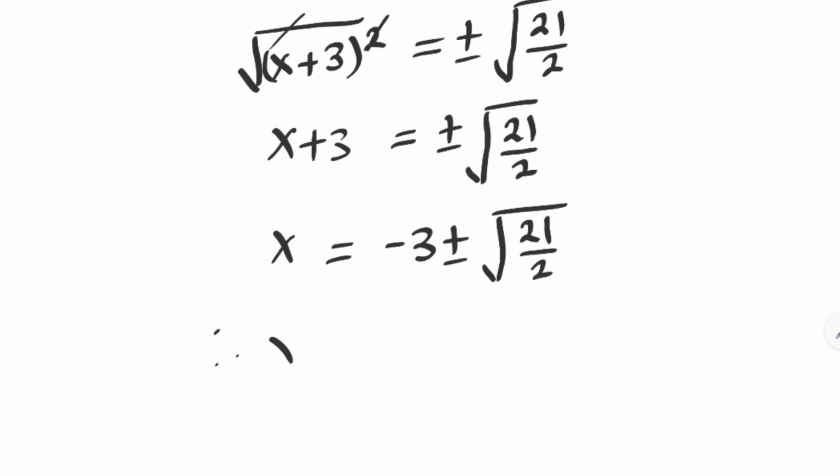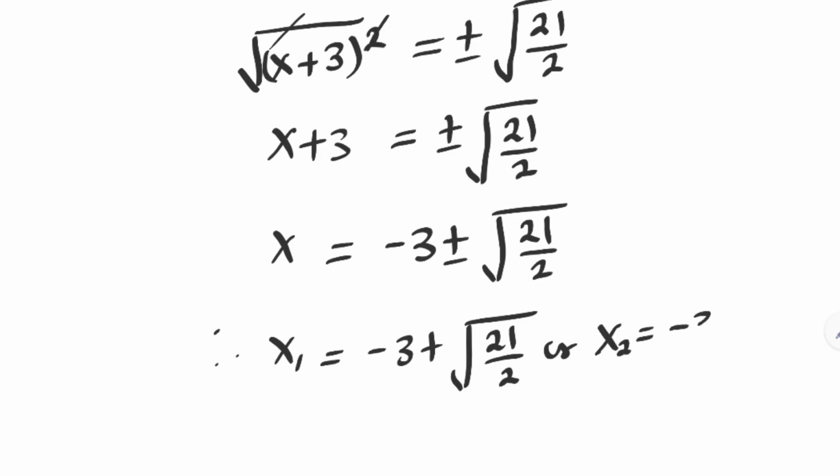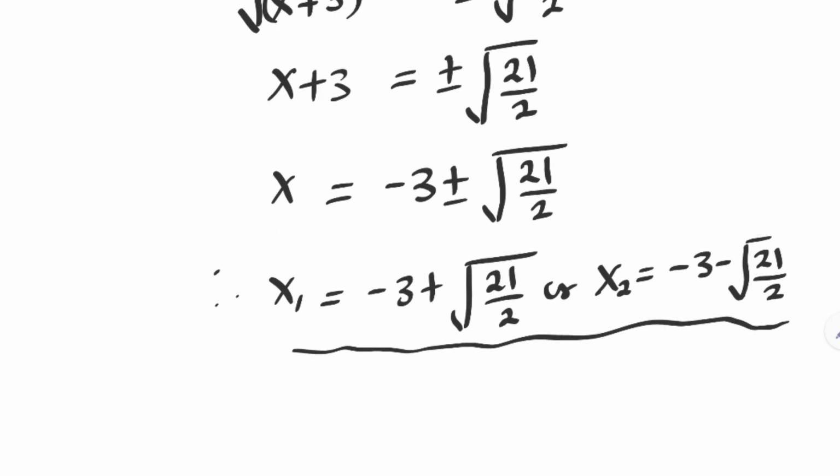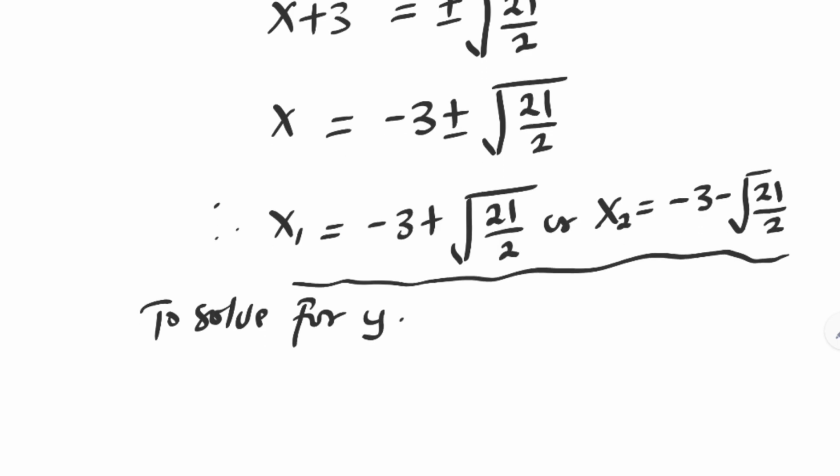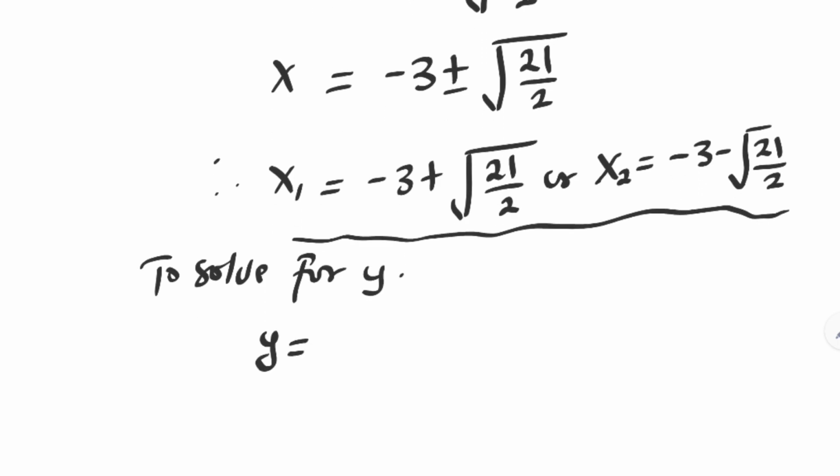Therefore, x1 is equal to minus 3 plus the square root of 21 over 2, or x2 is equal to minus 3 minus the square root of 21 over 2. These are the values of x. Now to solve for y, we know that y is equal to 2 minus x.